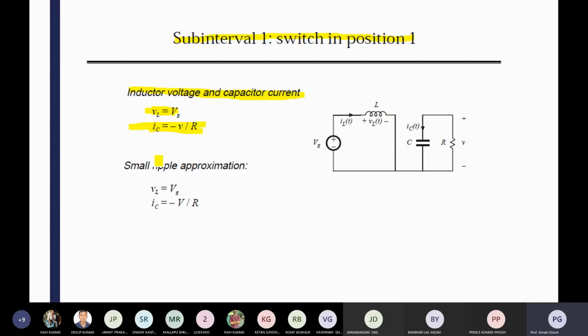This is the small ripple approximation that I am telling you. So lowercase vL equals VG and IC equals minus V by R. That DC value you have considered.